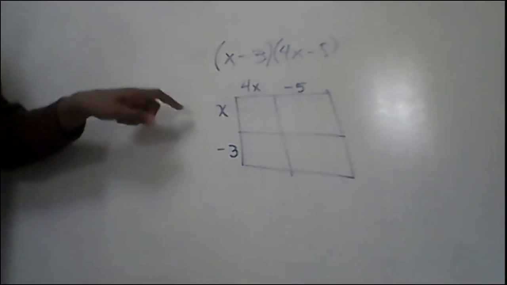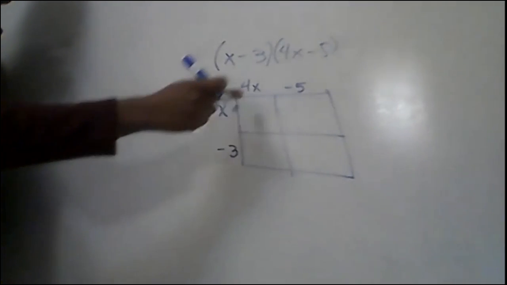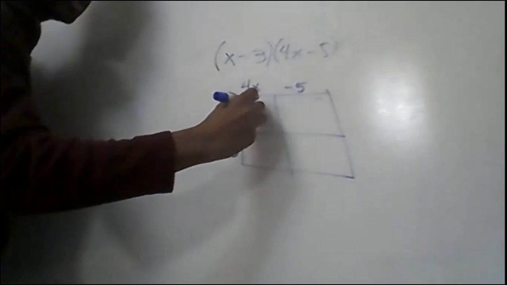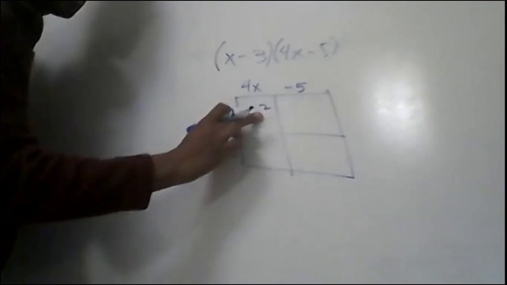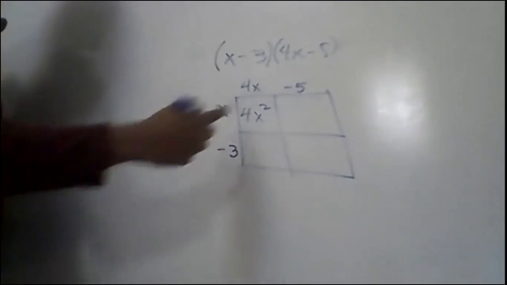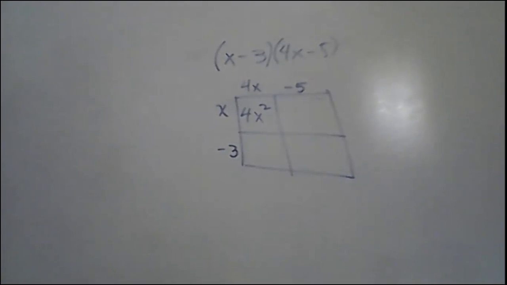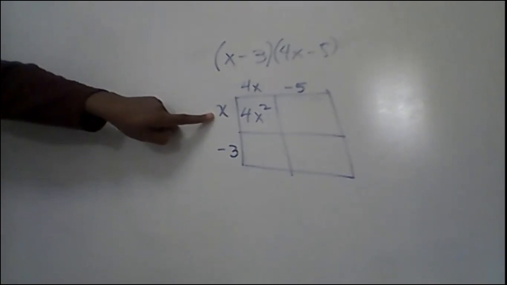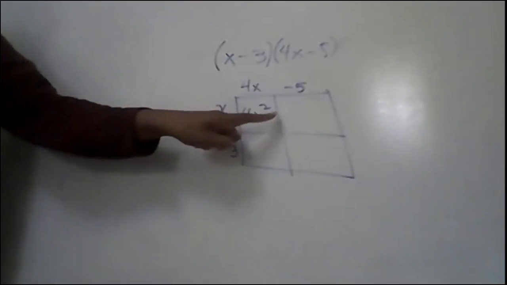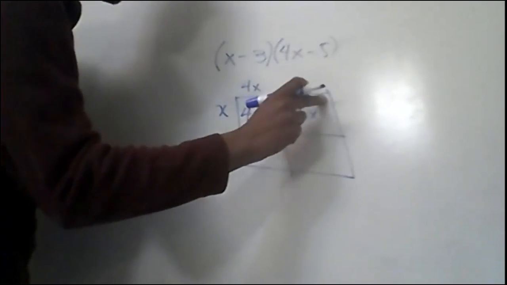And you basically go across and you do a times table. So x times 4x gives you 4x squared. It's not just 4x, and we're not adding here, we're multiplying. So x times 4x is 4x squared. X times minus 5 is minus 5x.